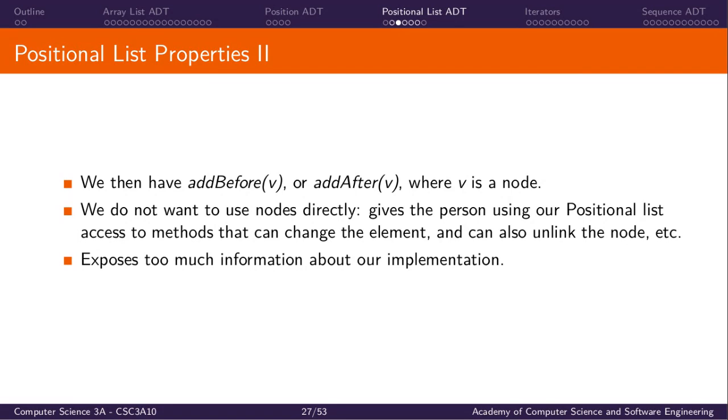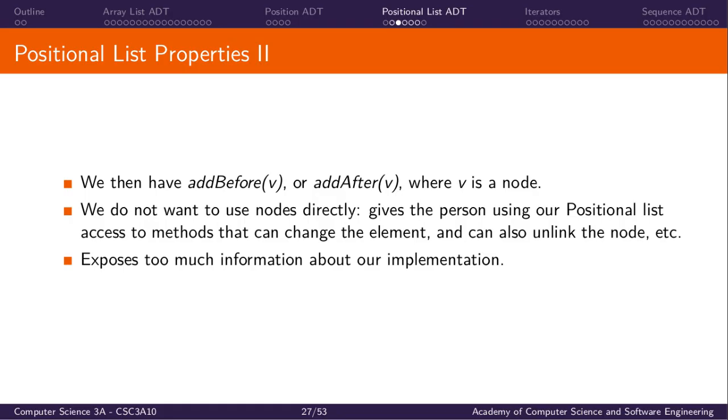Right? Everything off that node can't then be accessed. So that's not good. Instead, if we only expose the position, which remember has a single method element, it allows us to retrieve values. However, we aren't able to change anything within that position, or within the underlying node, like destroying links within our list.